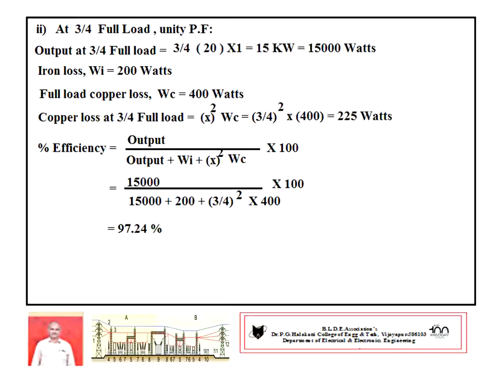So, this value becomes 225 watts. Hence, again you go for efficiency, percentage efficiency equal to ratio of output divided by input. So, input should be equal to output plus Wi plus x square times Wc. You substitute all the values, we are going to get the value as 97.24%.